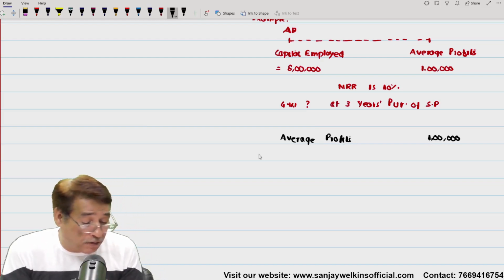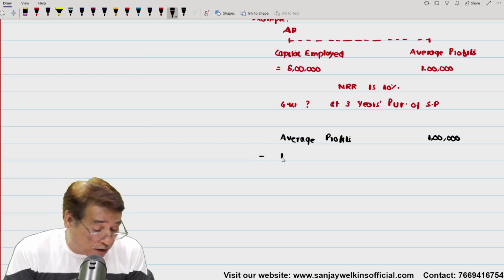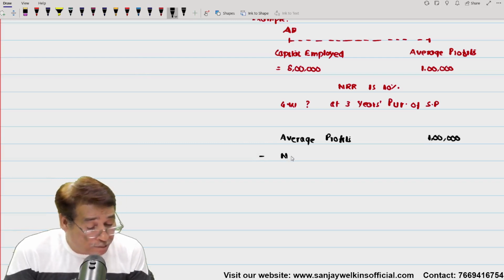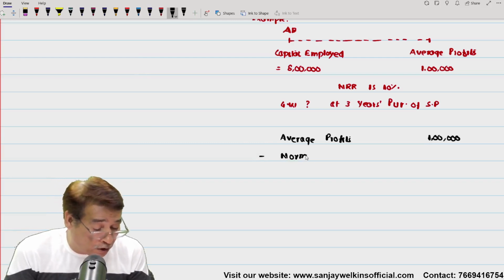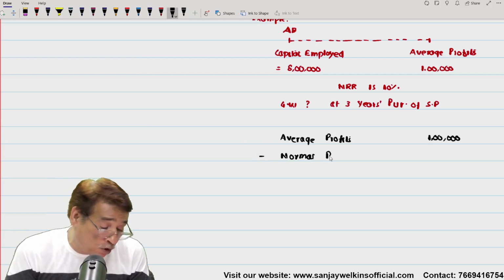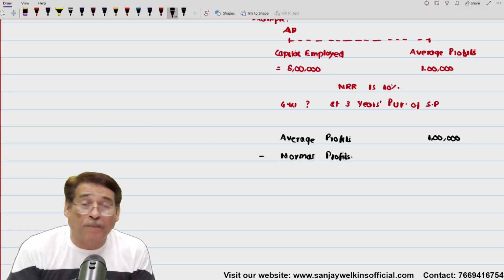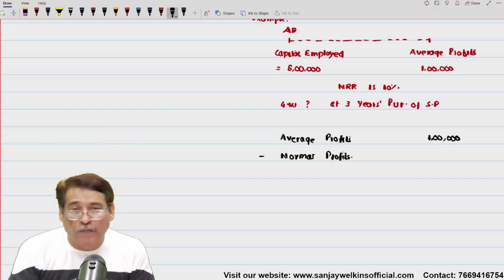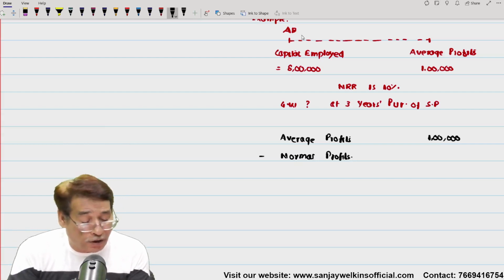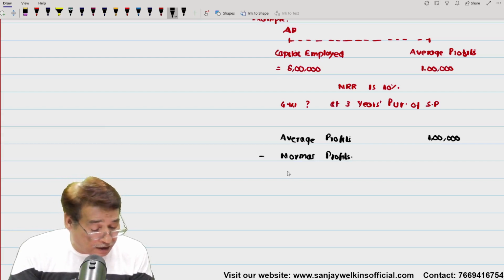Then from this profit, we are going to subtract the normal profit. In order to get the normal profits, we need the capital employed. When we say capital employed, it means capital employed of the existing partners. Now the capital employed of the existing partners is 8 lakh, and the normal rate of return is 10%.